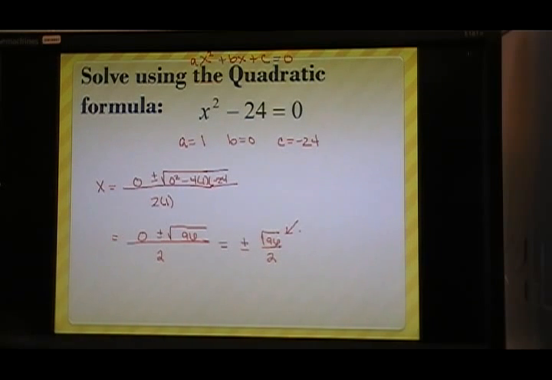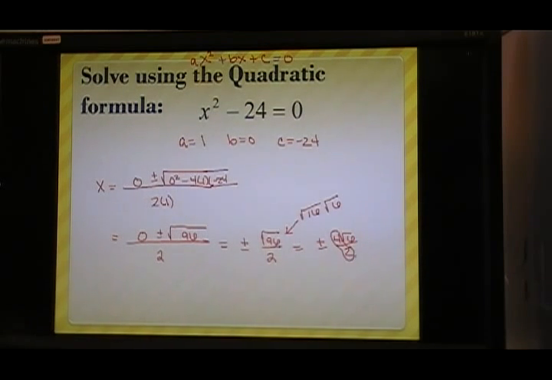So doing our simplification, this simplifies if 96 is divisible by a perfect square. So if I go through my list of perfect squares, I find that 16 is actually the largest perfect square that goes into 96. So this would simplify to plus or minus 4 root 6 over 2. But I can simplify that fraction.